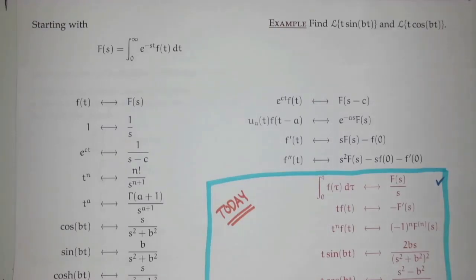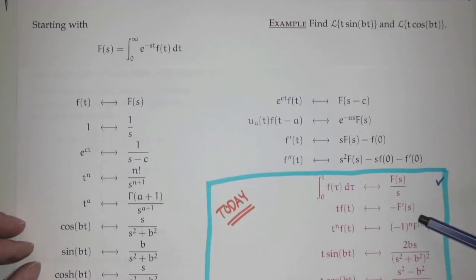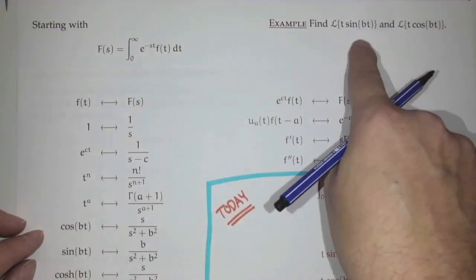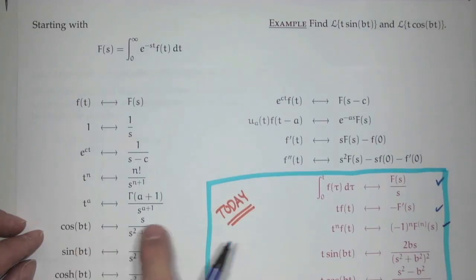And I put up some formulas here. Which formulas do we want to grab? Well, certainly we want to use the fact that t times f of t, which are things we proved. But what else? Yeah, the sine and cosine. Given that we know what sine and cosine do, now we can handle the extra t there.